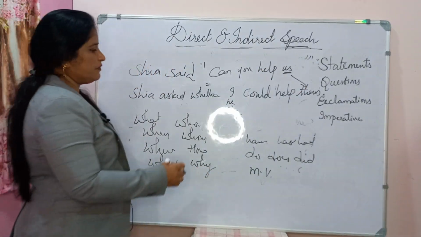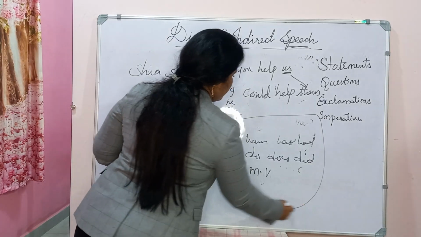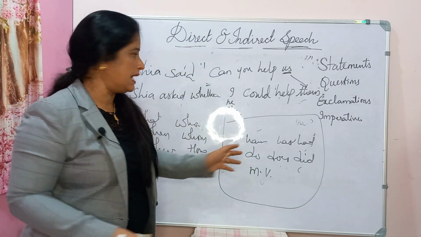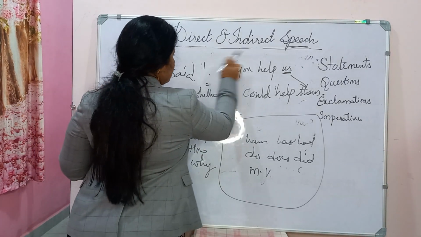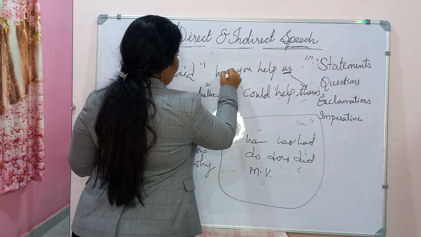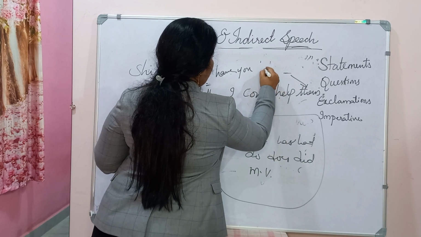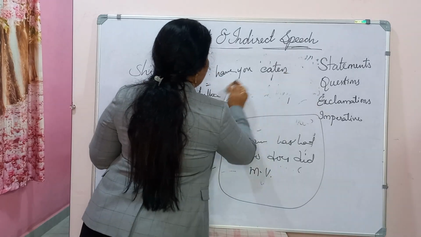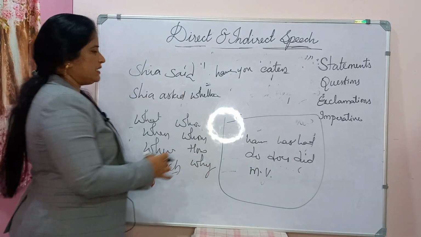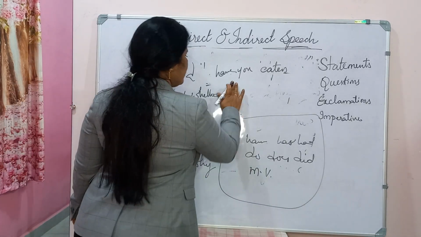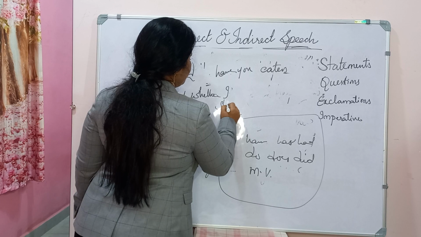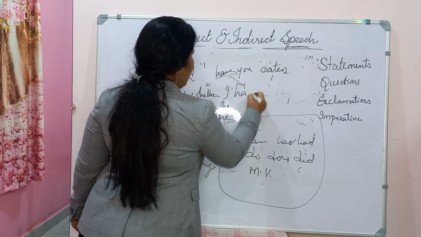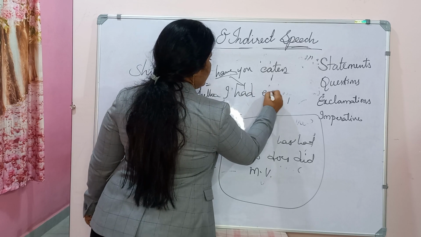So remember that with all the auxiliary verbs which I have written here, that is, am, are, was, were, will, would, have, has, had. So let's take one more example. Have you eaten? If I say have you eaten, so she asked whether I, or she or he, whether I have will become had, whether I had eaten.